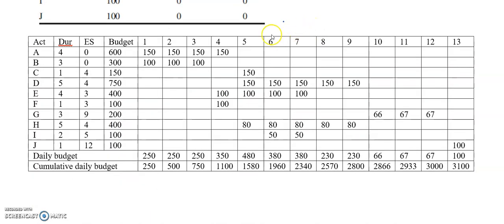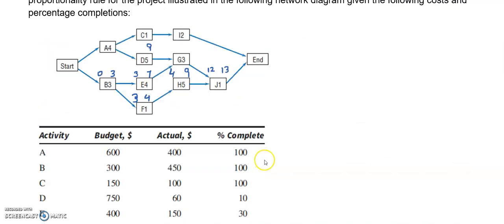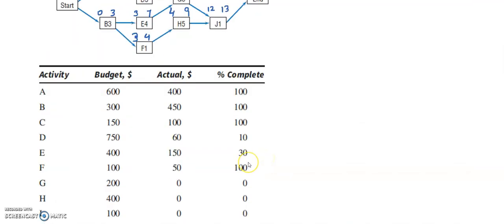So for example status date is here. By the end of the status date the planned value is 1580. So the planned value is $1,580.